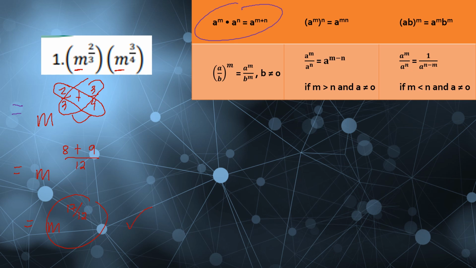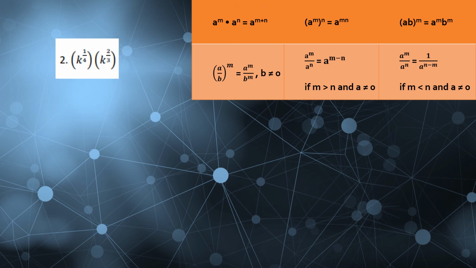Next, we have k raised to 1/4 times k raised to 2/3. We are dealing again with the same base. So again, we will apply this law wherein we add the exponents of k. 1/4 plus 2/3.